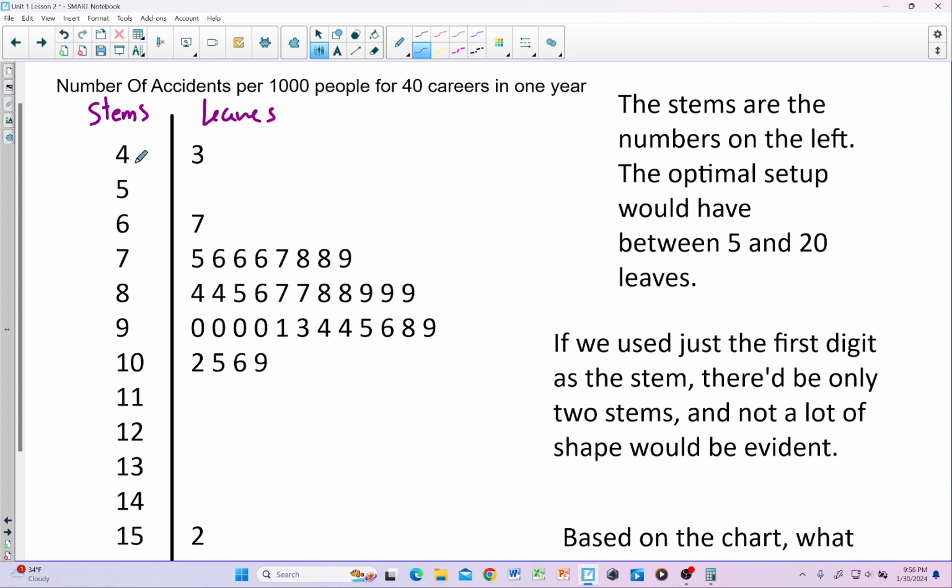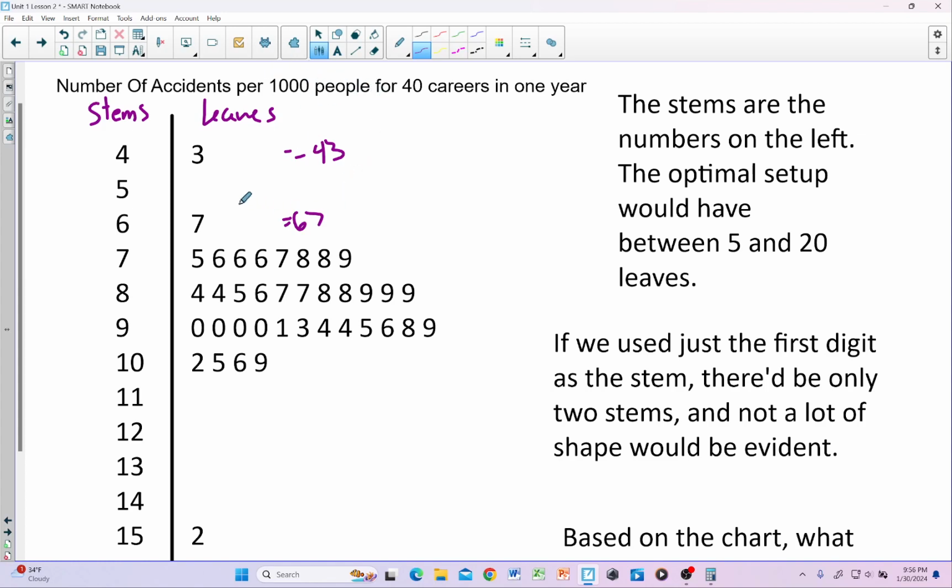When you see a 4 on the left and a 3 on the right, what this represents is the data point 43. The next data point after that happens to be 67. So 43 accidents per 1,000 people, 67 accidents per 1,000 people.